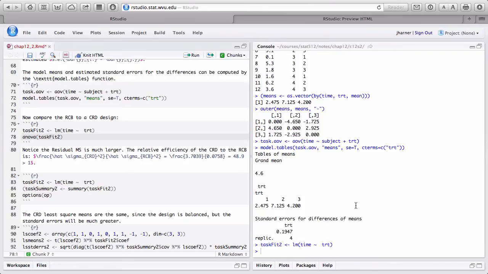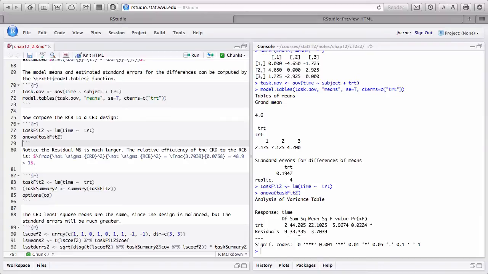Now let's do an ANOVA of the fit. I'll run this. Remember that 33 I talked about a while back? Notice that the sum of squares is now 33 for the residual with 9 degrees of freedom, and the mean square is 3.7, so the F value is about 6. Notice it is significant, but it's barely significant.